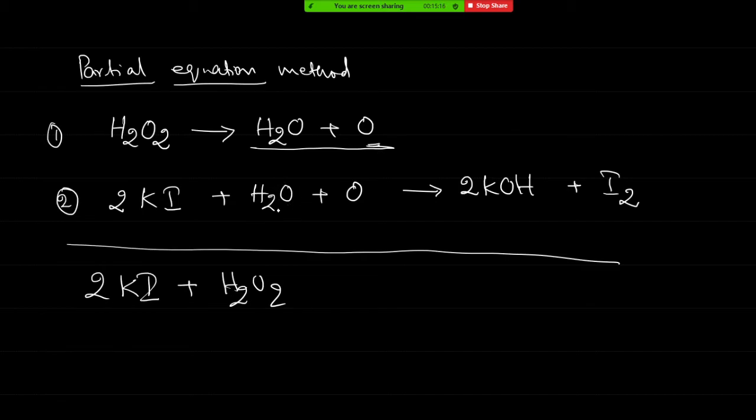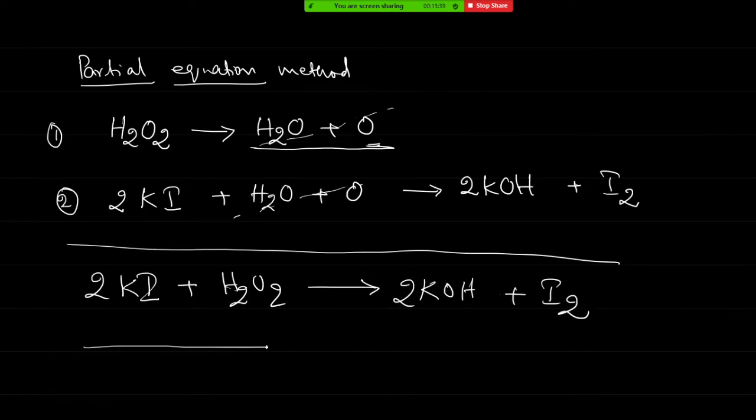Now here H2O and nascent oxygen are there on both the left side and right side of equations 1 and 2, so you can cancel this. Then you put the arrow here: potassium hydroxide, 2 moles, plus iodine.